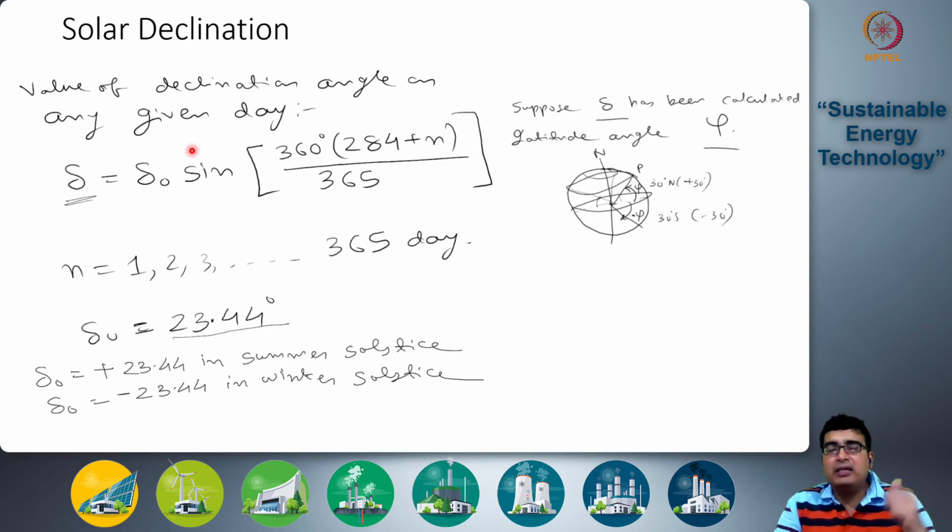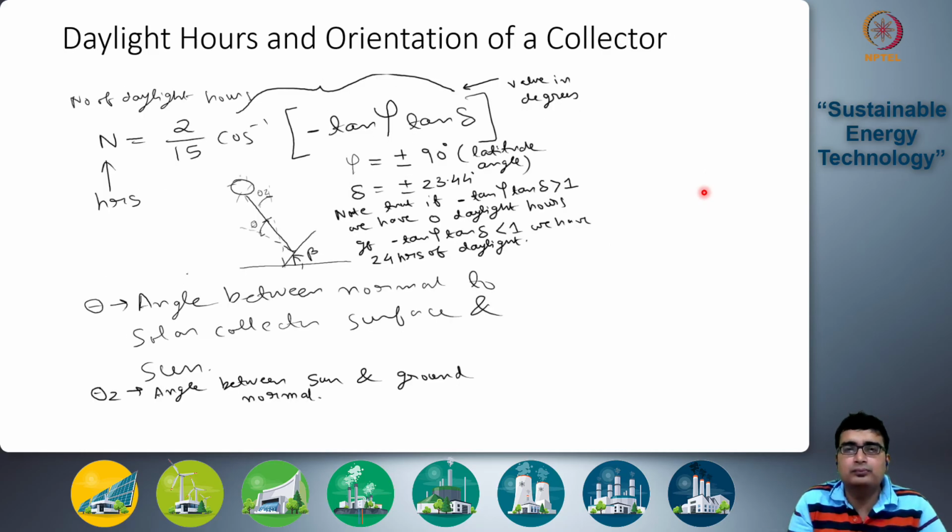So that is the latitude angle of a given location. Given the time of year, you know the declination angle, and given the position, you know the latitude angle. Given these two values, you can calculate the number of daylight hours that location will have on that given day. For the nth day, you know the declination, so you evaluate tan delta.